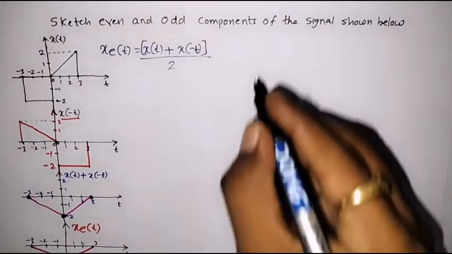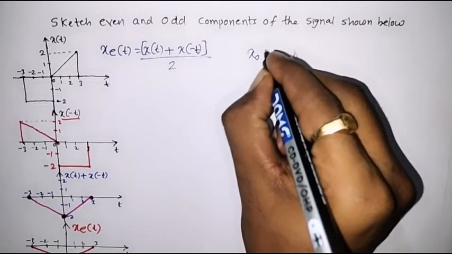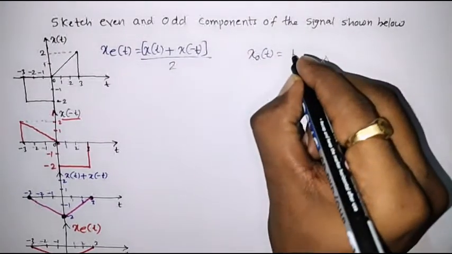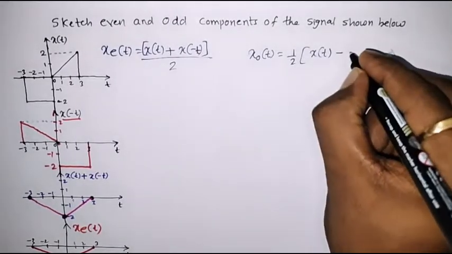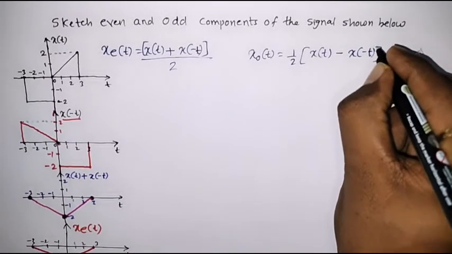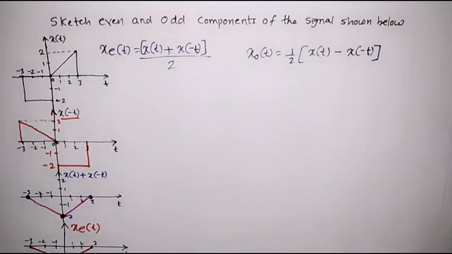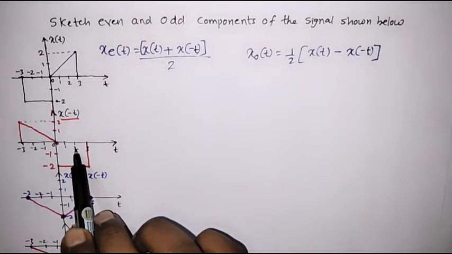So now we know that the odd component of x of t is represented as xo of t is equal to half of x of t minus x of minus t. So here we already have the x of t signal and here we have the x of minus t signal.